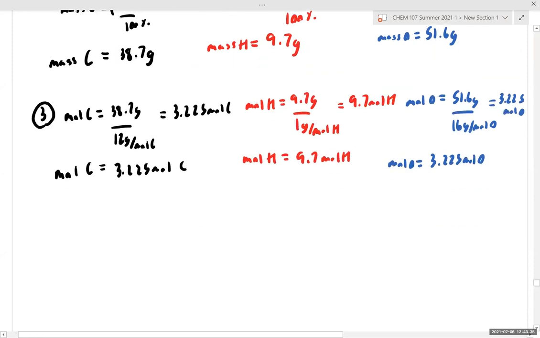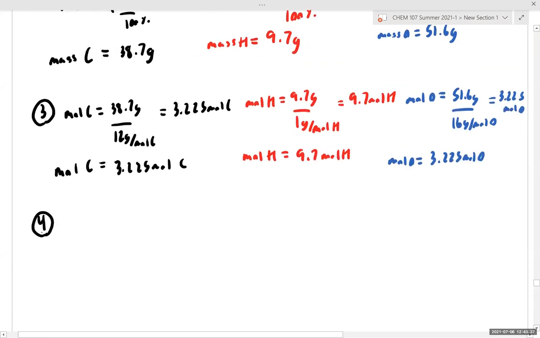Okay, now all we have to do is put this together, and I'd like us to share our mole to mole ratios, remembering that we prefer to divide by the smallest moles.